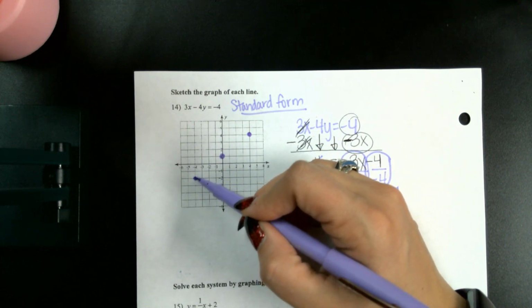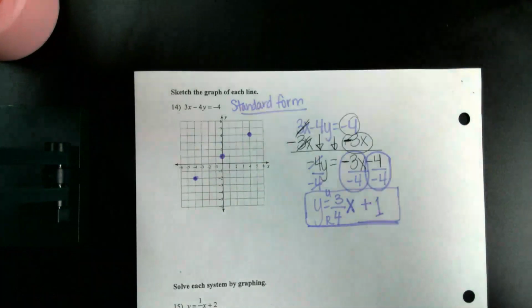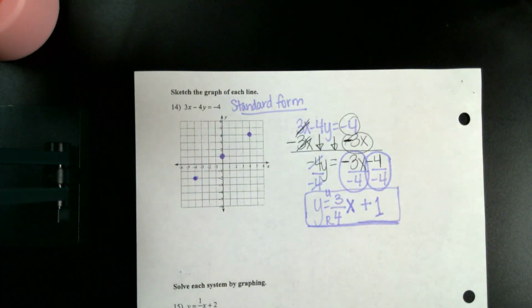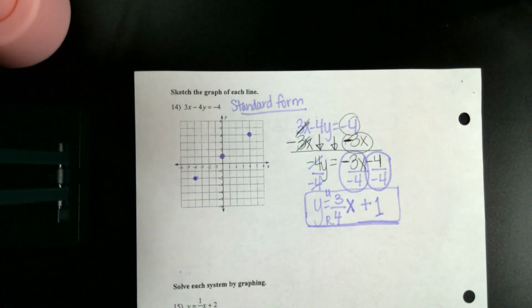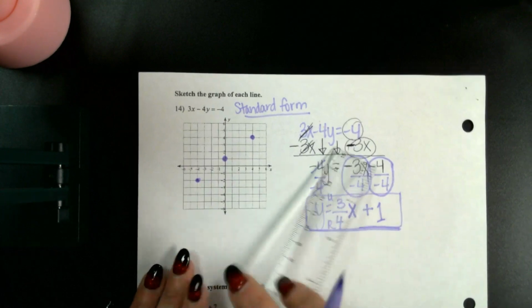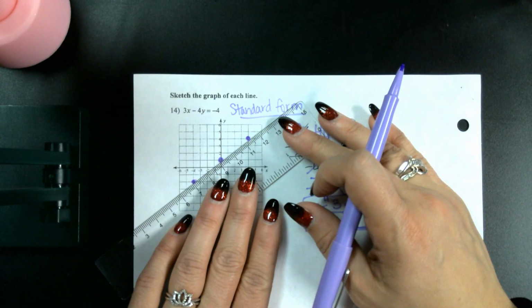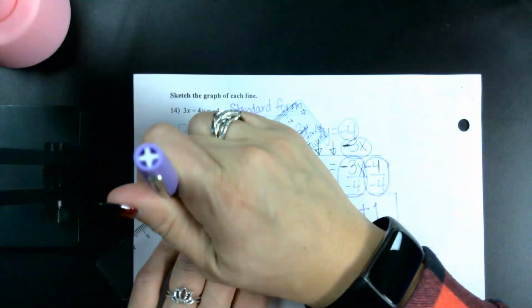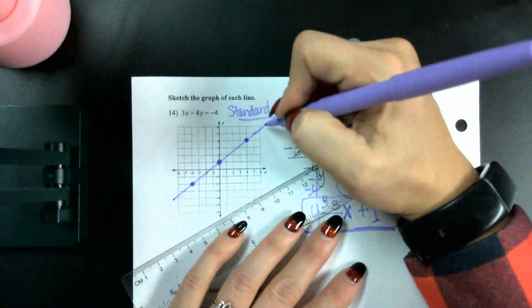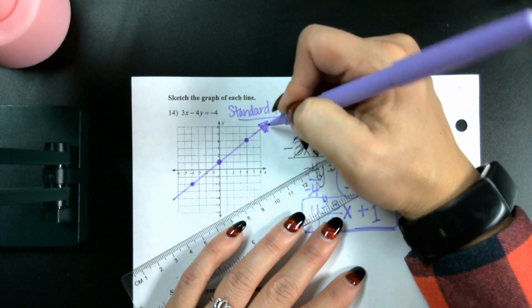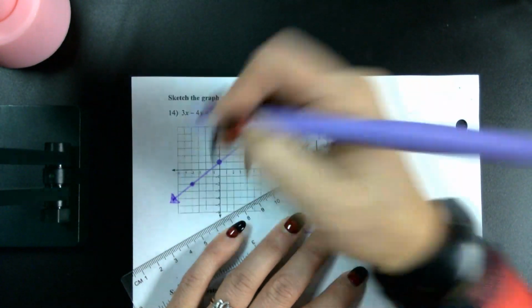So make sure you guys count those. Go down 3, left 4. And put your other point. I mean, there's only 3 points that fit, but that's better than 2. So you want to plot every point that fits and then connect them with a ruler and extend it.